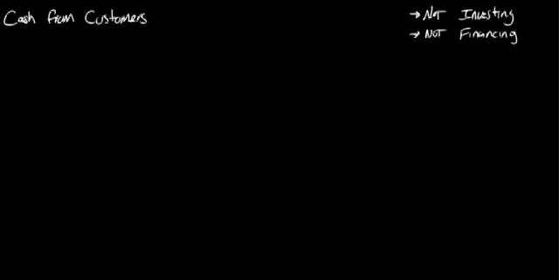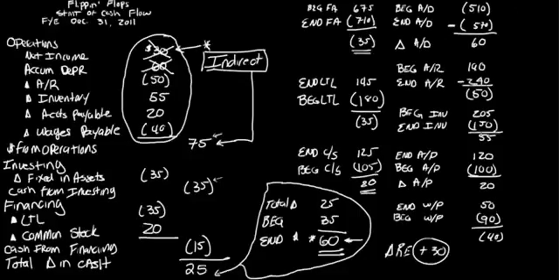If we think about cash from customers, we have revenues of 870. What other balance sheet account relates to cash from customers? It is accounts receivable. The change in accounts receivable is a -50.